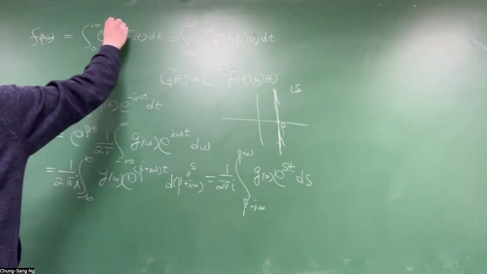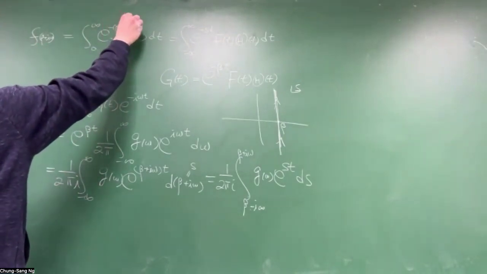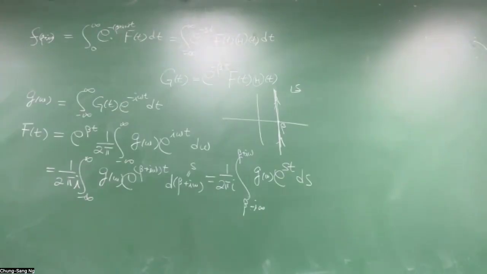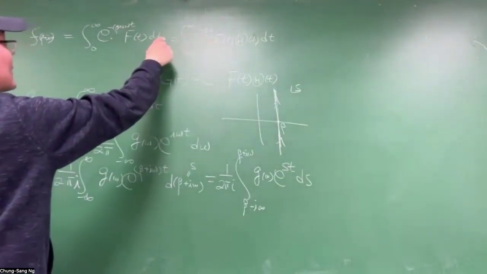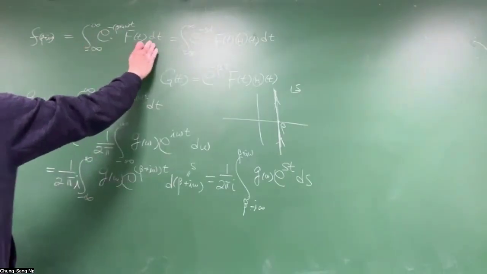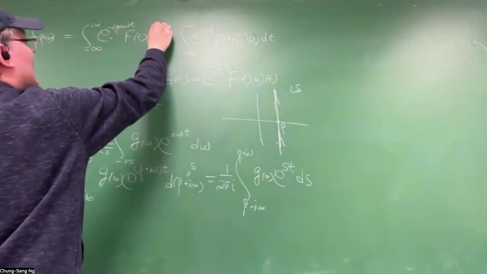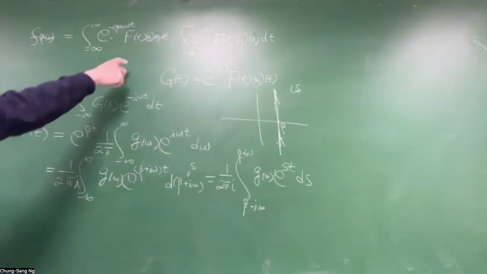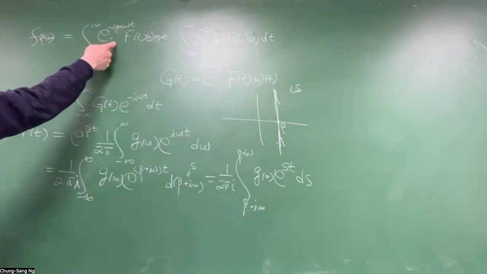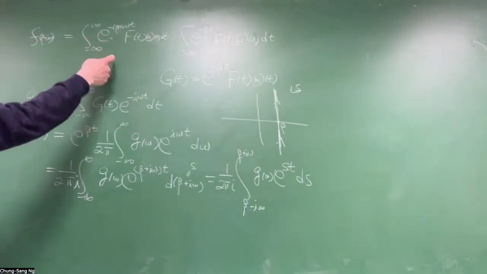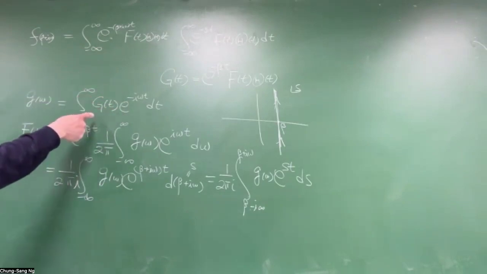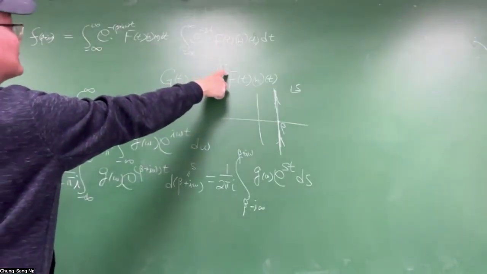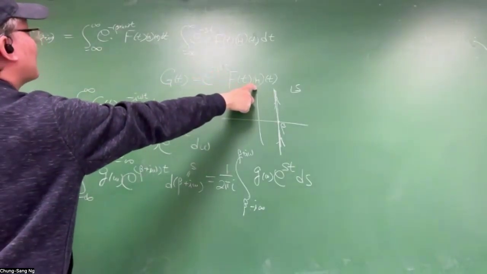Okay, this becomes beta plus i omega times t, and we have already extended the theta function, so this is minus infinity. Now we can go back to that Fourier transform, because we define this g as e to the minus beta t times f(t) times theta(t).